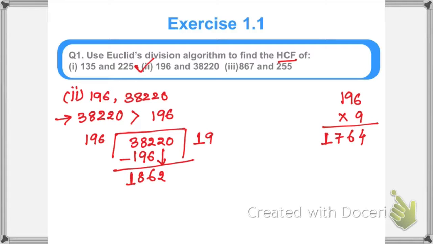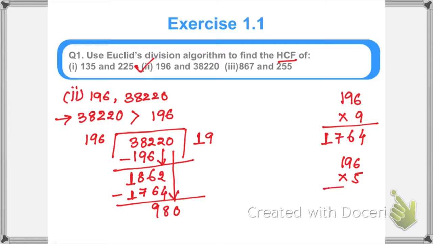So this is the nearest one, 1764, and again cancelling them out, we got here, and again taking this 0 down, we got 980. So 196 into 5 will be equals to 980, and here we got the remainder as 0.